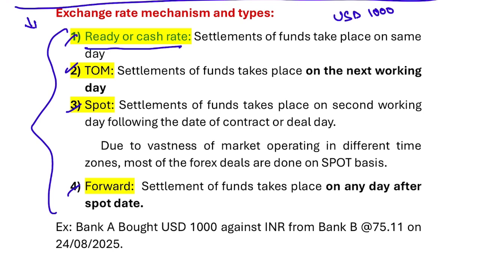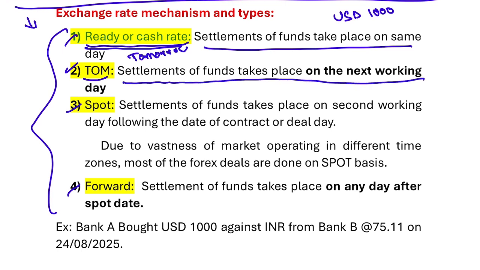Then we call that rate the ready or cash rate, meaning settlement of funds takes place on the same day. Tom means tomorrow. If they give the US dollars tomorrow, then we call it the Tom rate, meaning settlement of funds takes place on the next working day.